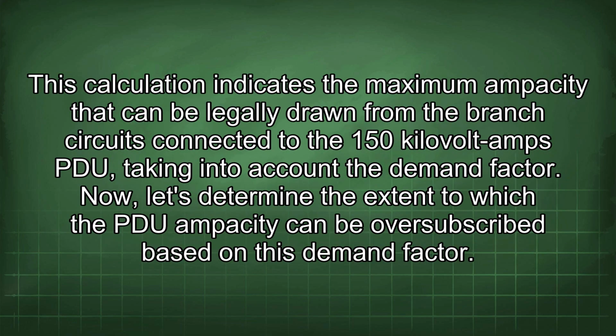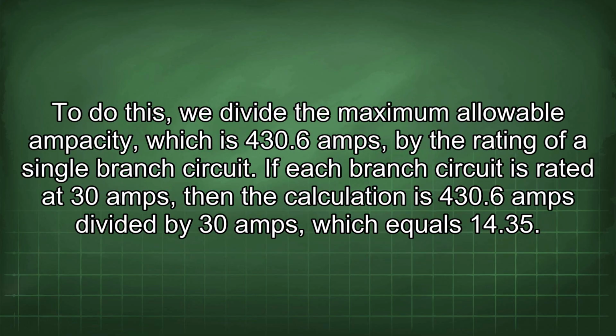This calculation indicates the maximum ampacity that can be legally drawn from the branch circuits connected to the 150 kilovolt-amps PDU, taking into account the demand factor. Now, let's determine the extent to which the PDU ampacity can be oversubscribed based on this demand factor. To do this, we divide the maximum allowable ampacity, which is 430.6 amps, by the rating of a single branch circuit.